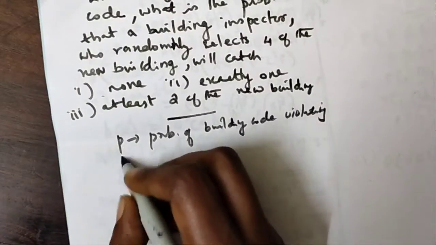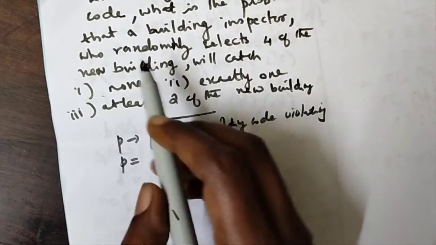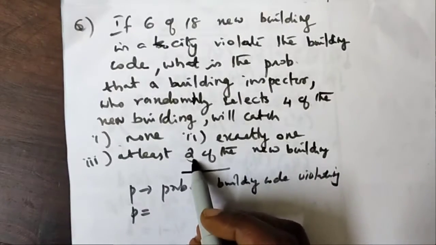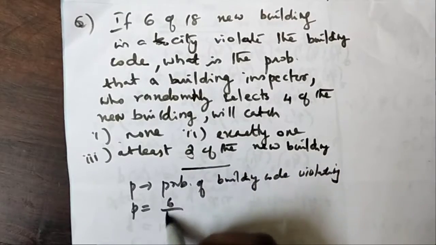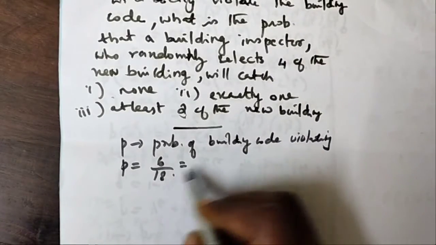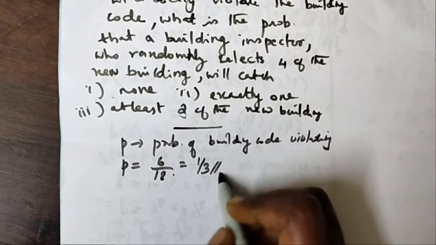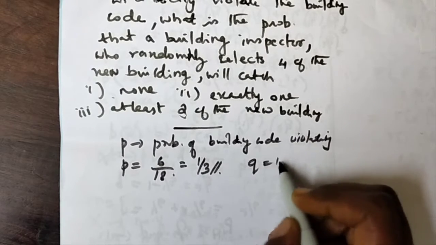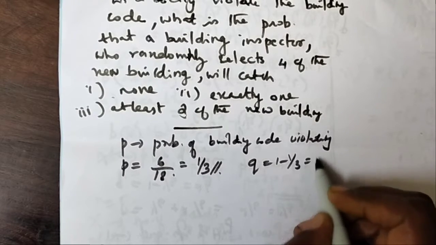So what is the value of P? 6 out of 18, 6 out of 18. So 6 by 18, or it is 1 by 3. Okay. So what is Q? Q is 1 minus 1 by 3, it is 2 by 3.